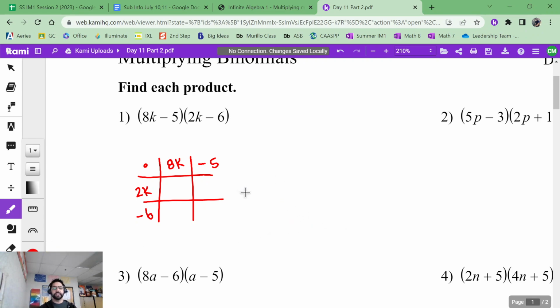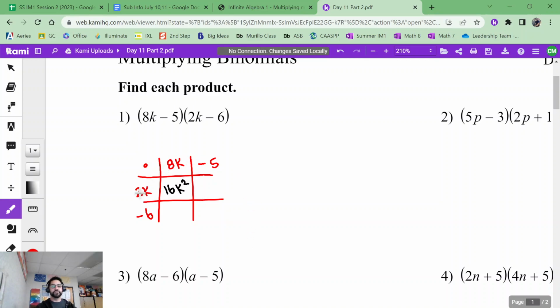The multiplication is essentially like what we did with our distributive property. We're going to multiply 2 times 8, which is 16. We're going to have k times k, which is k squared.